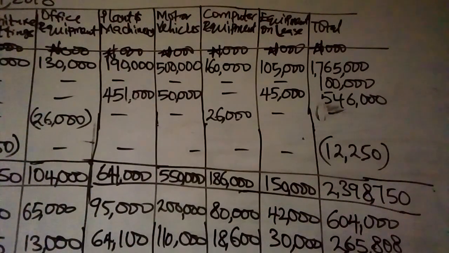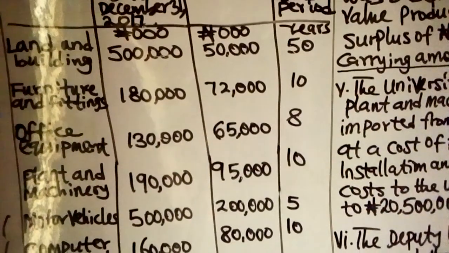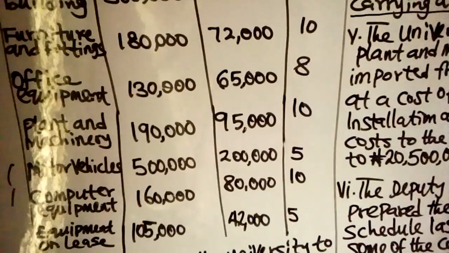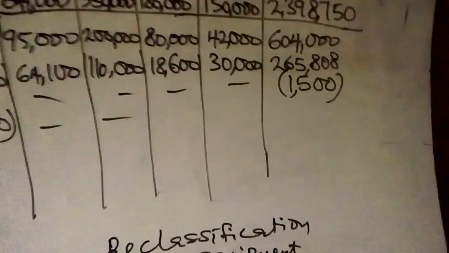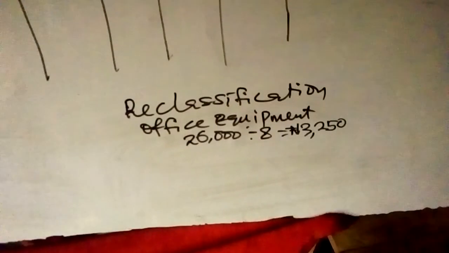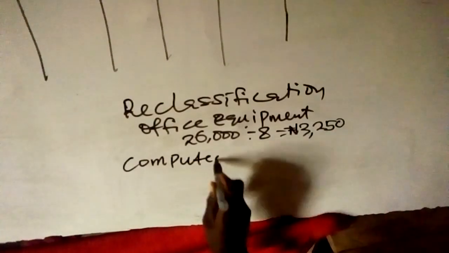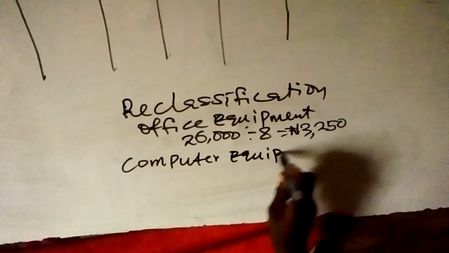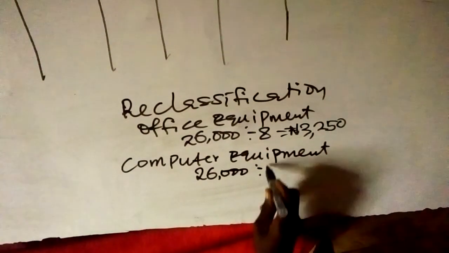But remember, if this 26,000 is to be depreciated on computer equipment, how many years will it be depreciated? The useful life of computer equipment is 10 years. So now, if you depreciate the computer equipment, the 26,000 reclassification, the depreciation will be 26,000 divided by 10 years.